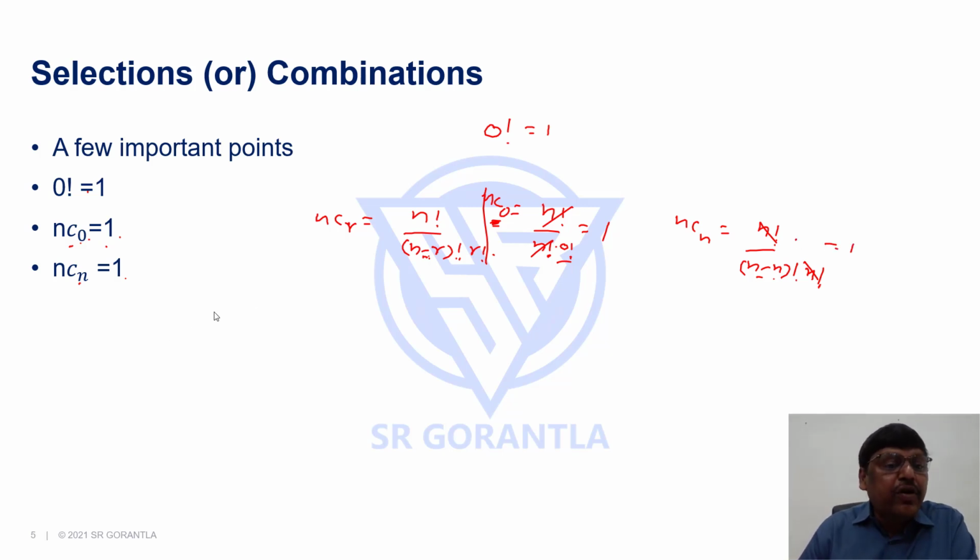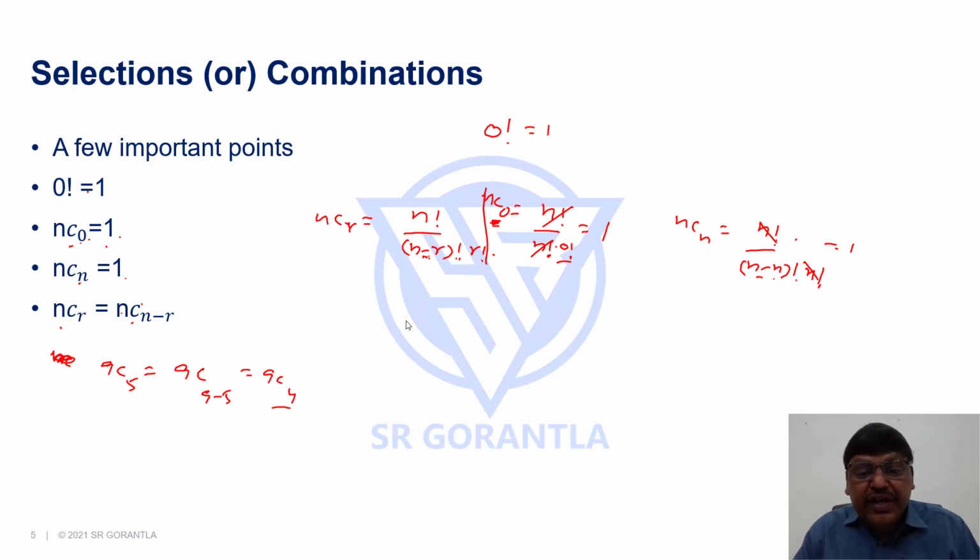And one more important point is NCR equals NC(N minus R). For example, let us say 9C5 equals, as per this rule, 9C(9 minus 5), that is 9C4. Let me show you. If I take 9C5 and apply the NCR formula, it will be 9 factorial by (9 minus 5) factorial, 4 factorial, into 5 factorial.